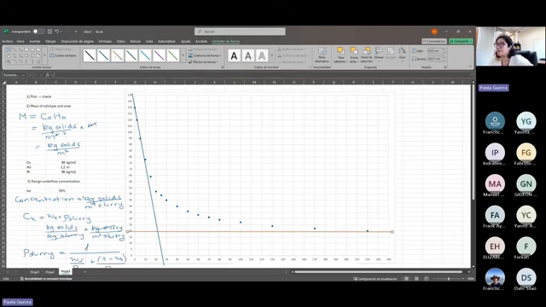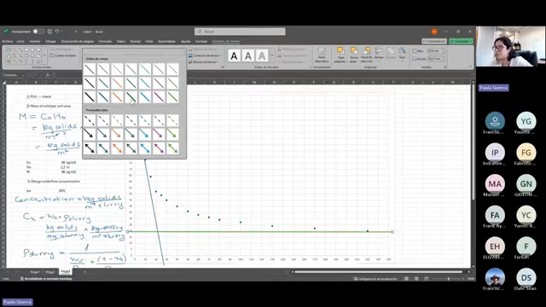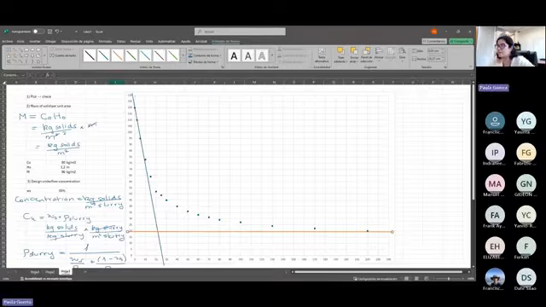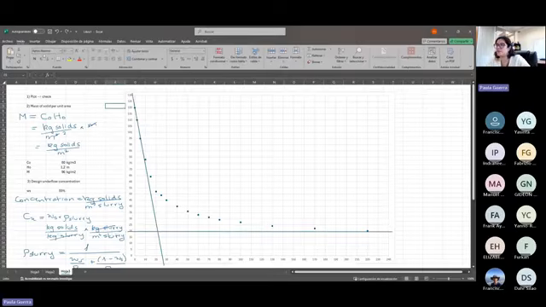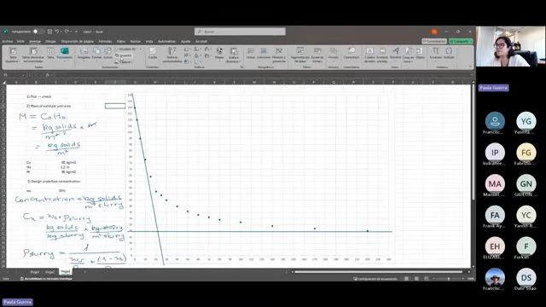So now I'm going to change color. Let's try red. Oh no, that's not what I want to do. I wanted a new line with a different color. Doesn't matter.